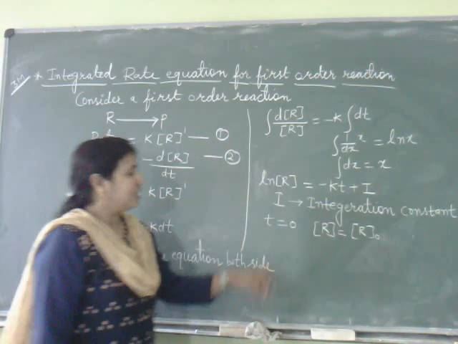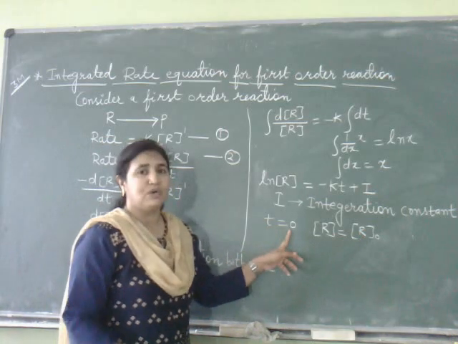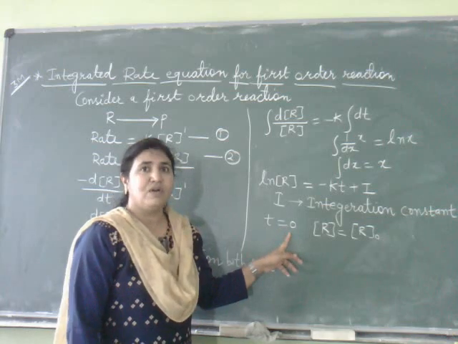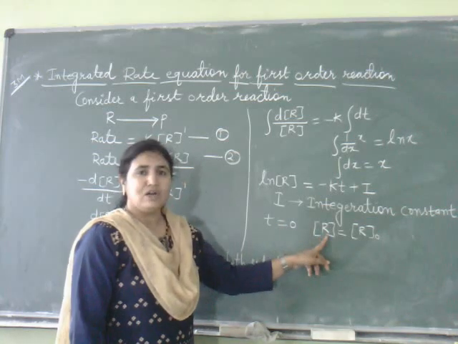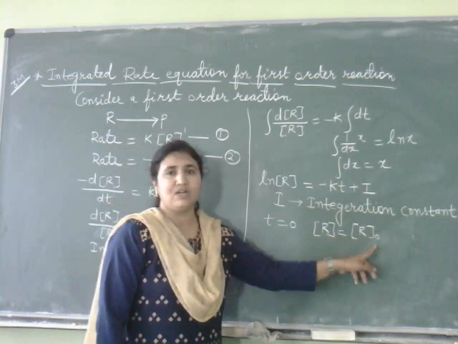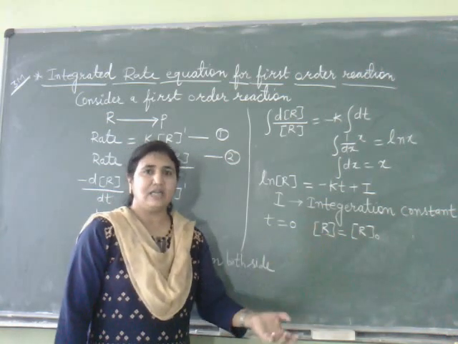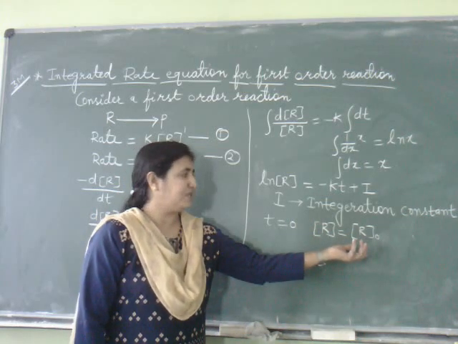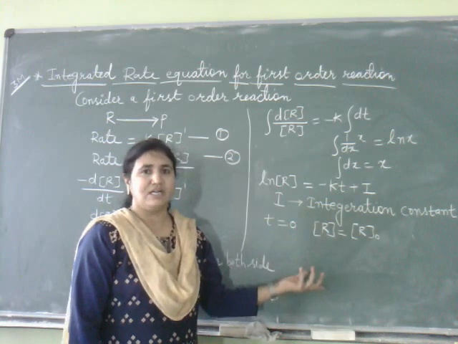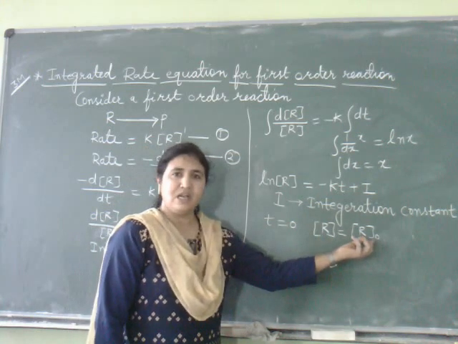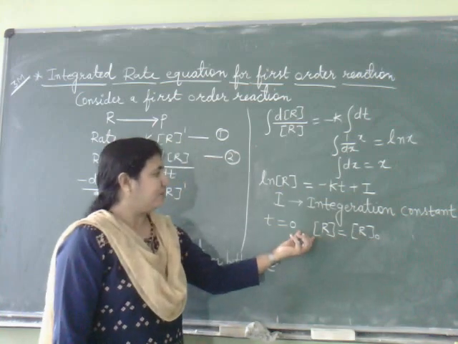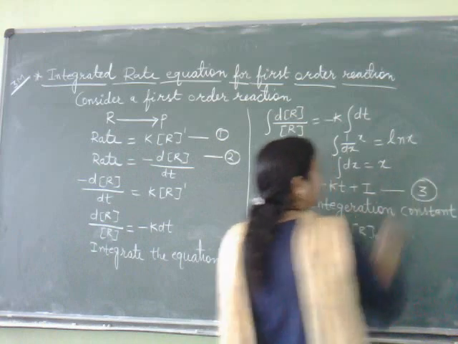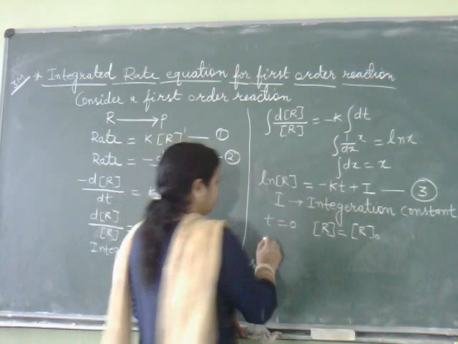At the time when the reaction has started, the time is 0, and at this condition the concentration is equal to the initial concentration, because the reaction has not started yet. So this value we have to put in equation number 3. Substitute this value.